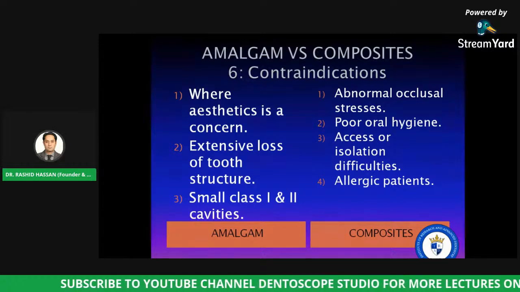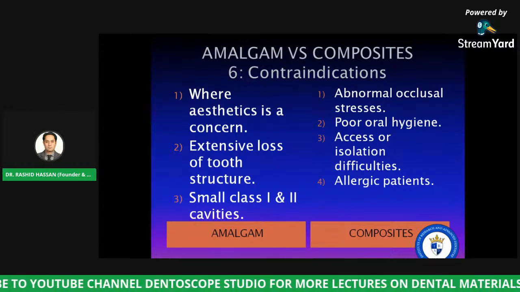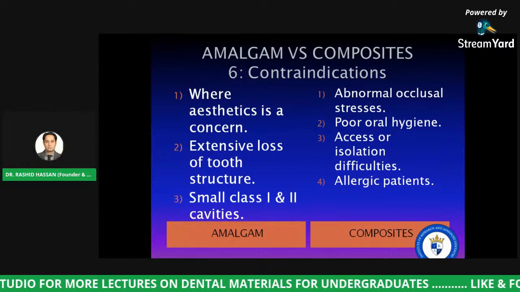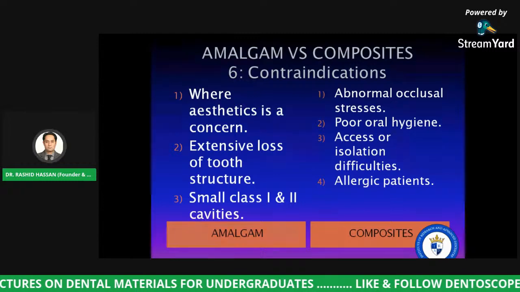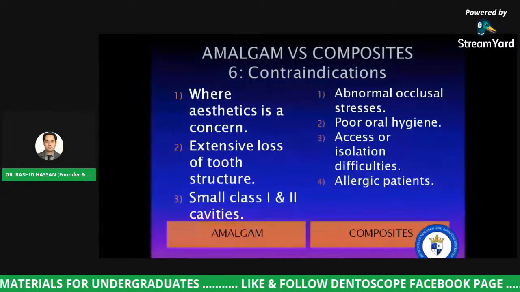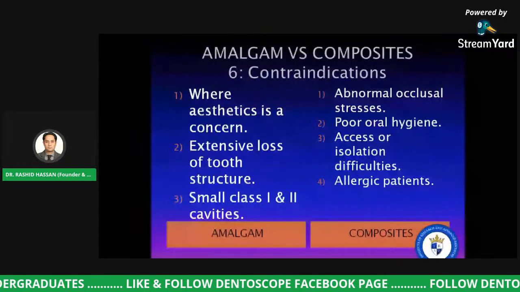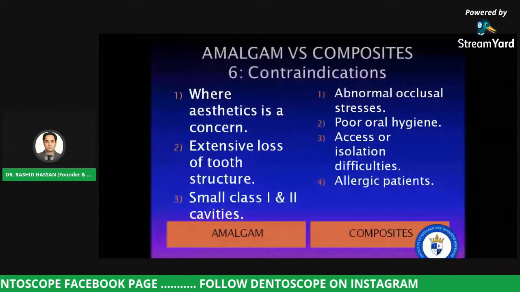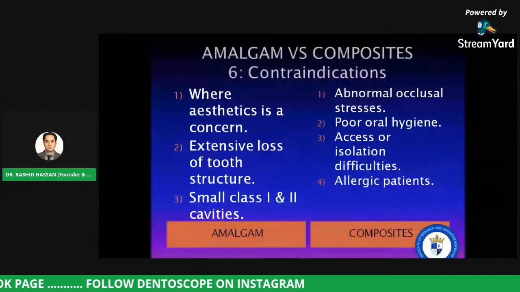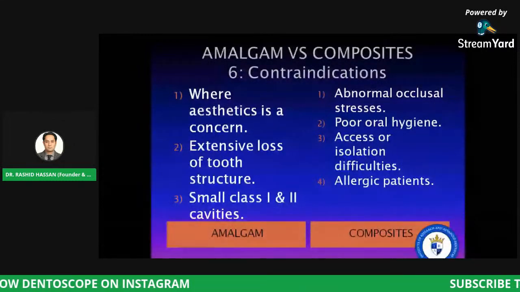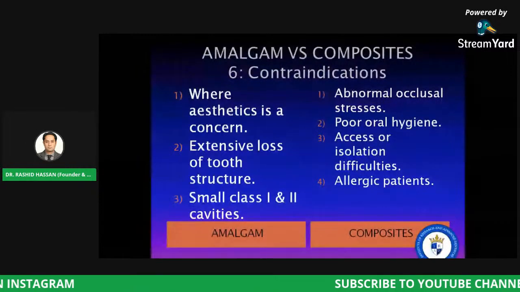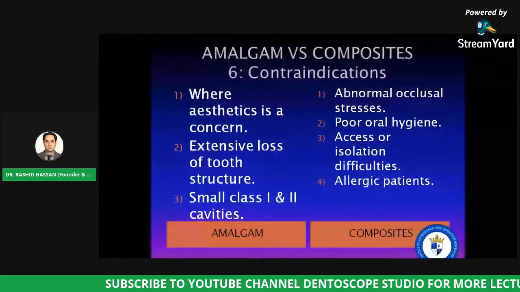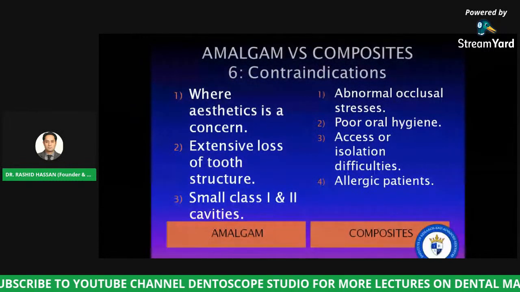In cases where the access or the isolation is very difficult in the oral cavity, let me explain this. Let's talk about accessibility. If the caries lesion is present on the distal end of the second molar or the third molar, the accessibility is very, very difficult there.